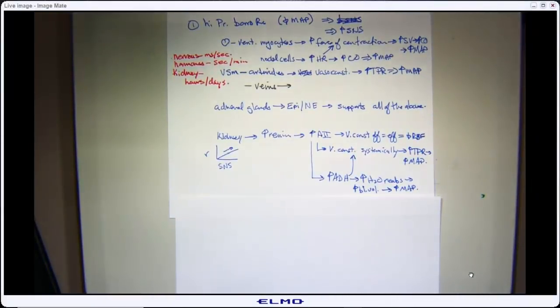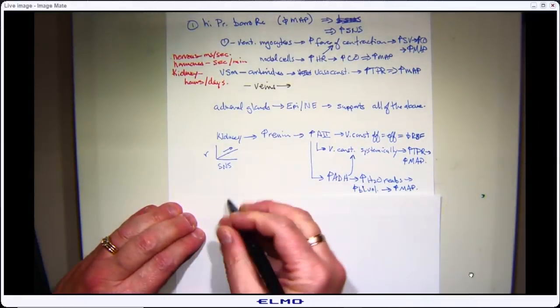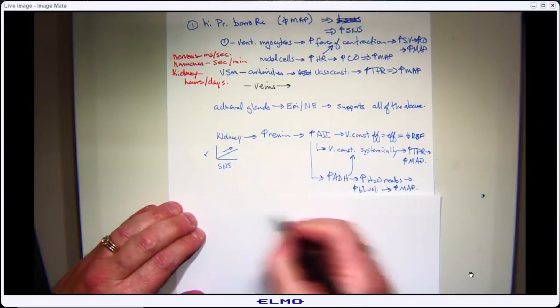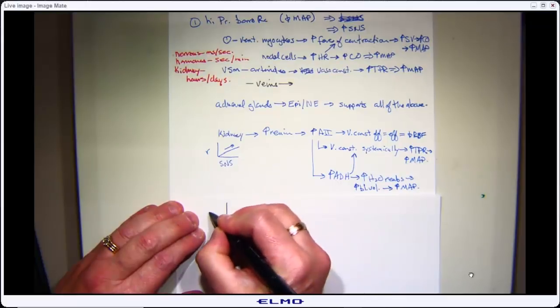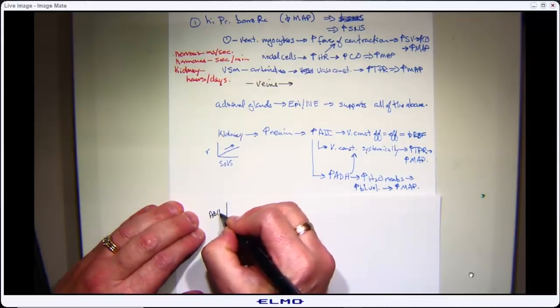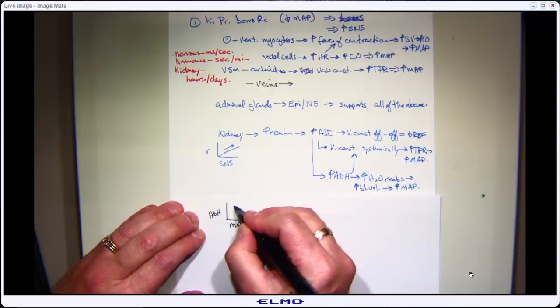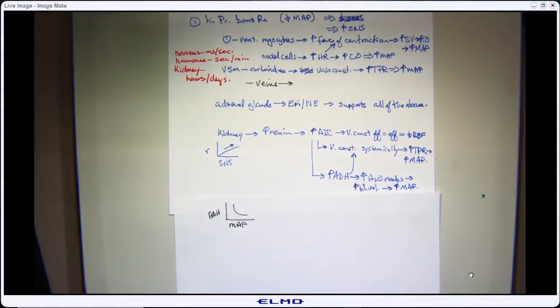Okay, I want you to think about what changing systemic veins would do, because we are directly innervated with the sympathetic nervous system into veins, and that will help us with our problem. Okay, we did have an effect of mean arterial pressure and an ADH relationship that looks something like this. So I need you to think about how we got that. Okay, think about that line.